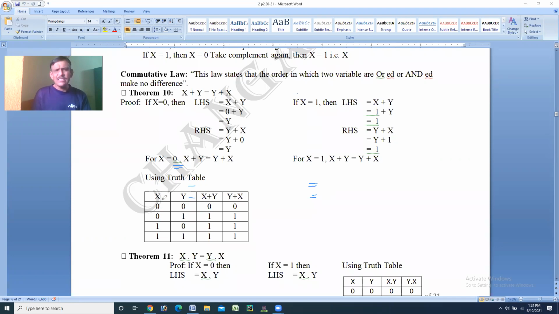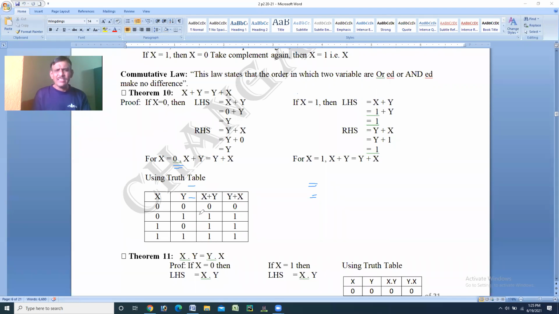In the third case, we are reversing that, x is 1, y is 0. And in the last case, x equal to 1 and y equal to 1. So 0 0, 0 1, 1 0, 1 1. These are nothing but binary numbers in 2 bits, 0, 1, 2, 3.